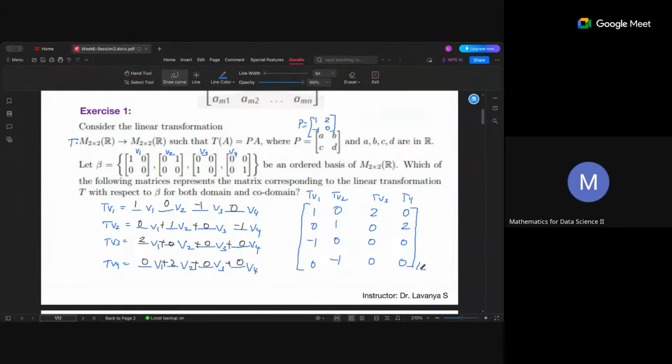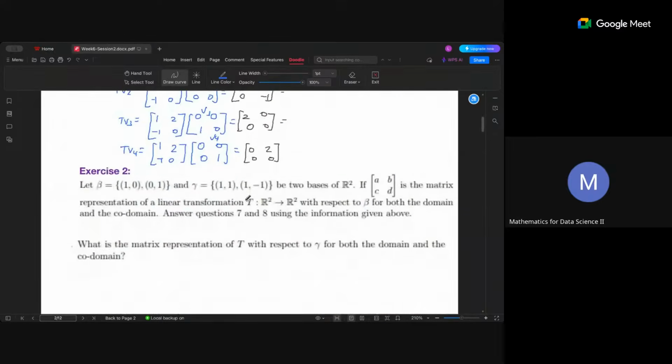So you notice that the matrix is of order 4 by 4 because both of these are of dimension 4. All right, clear? Yes, ma'am. All right, good.